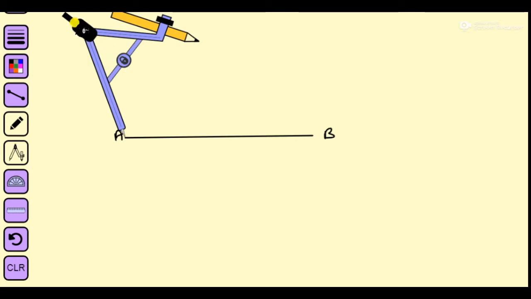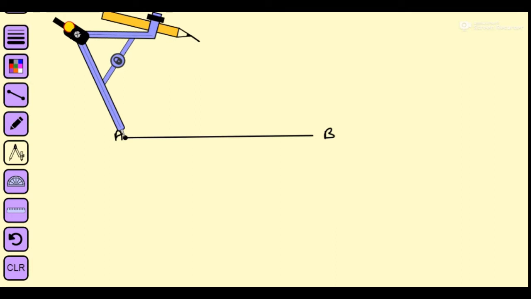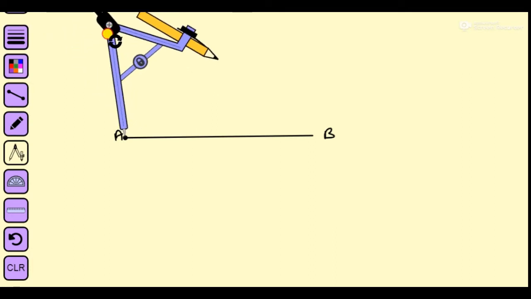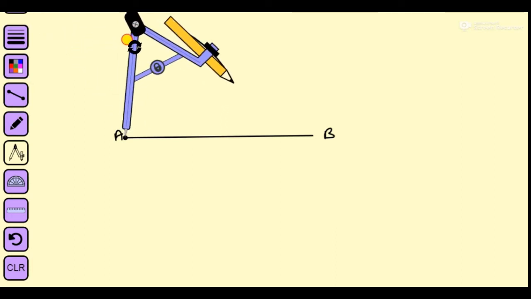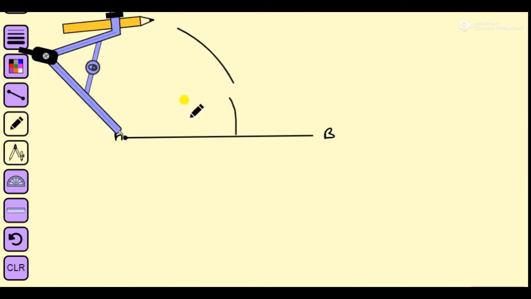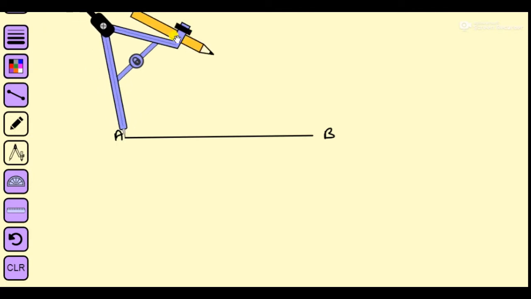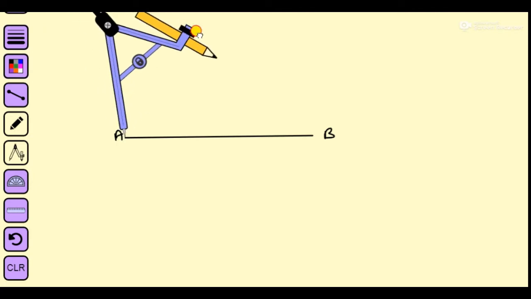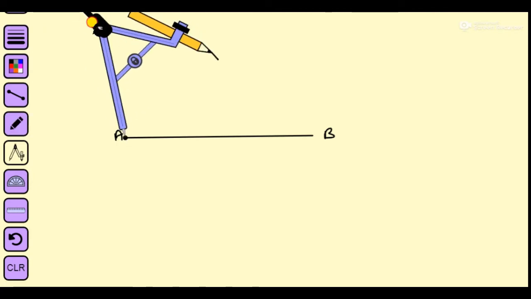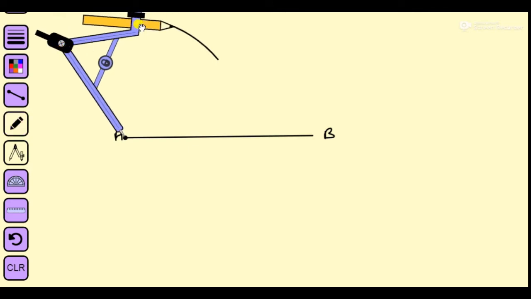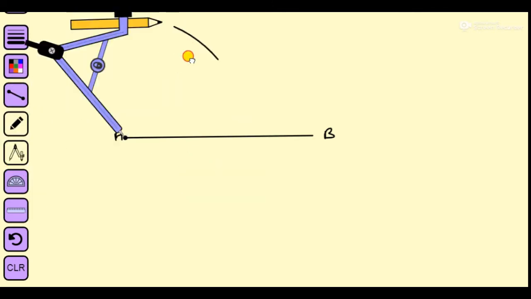Now see here. First of all, you make an arc like this. This one is one arc, and also one arc downwards like this.